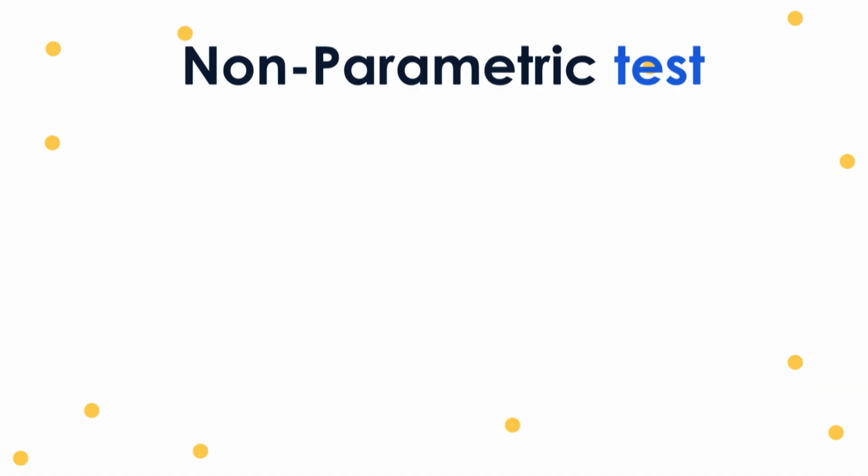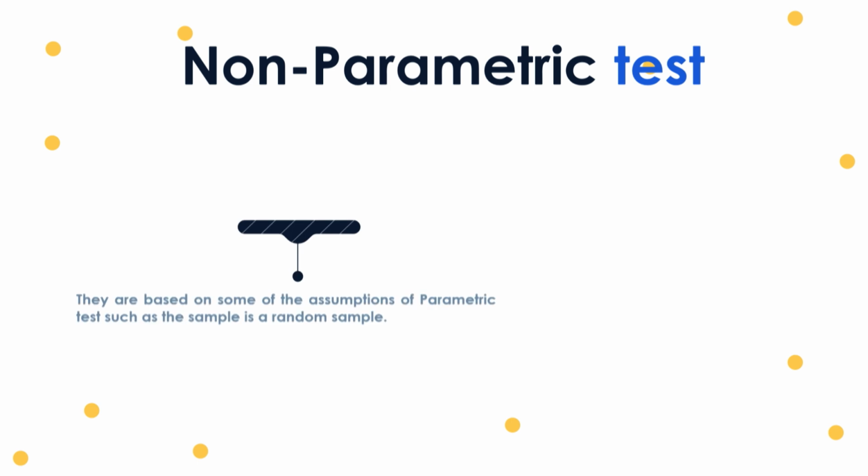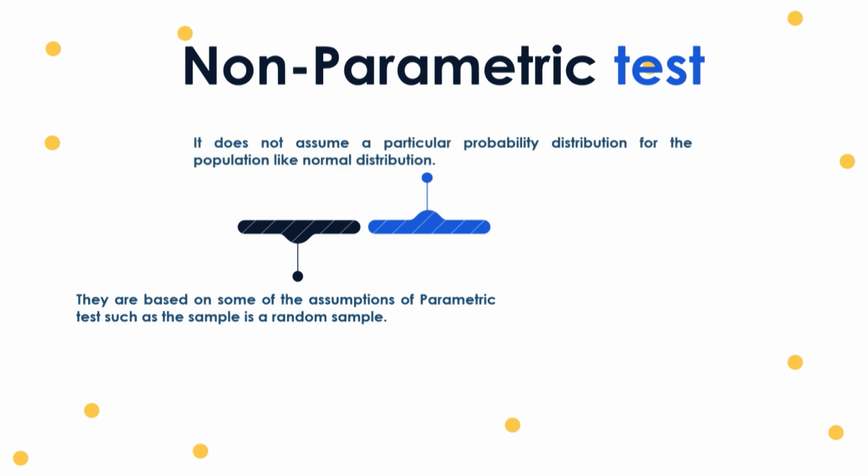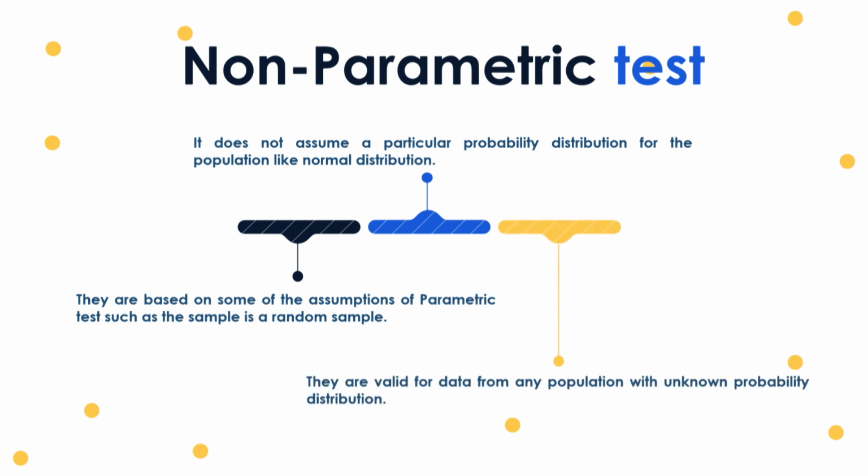Next we can discuss the non-parametric test and how far it differs from the parametric test. They are based on some of the assumptions of the parametric test, such as the sample being a random sample. This is one assumption which the parametric test also possesses. It does not assume a particular probability distribution for the population, like a normal distribution. They are valid for data from any population with unknown probability distribution.